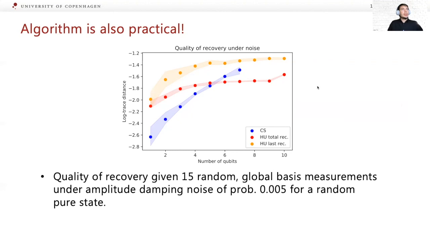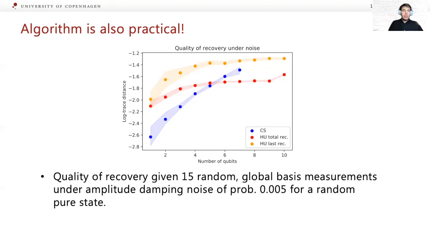This is essentially because when you implement the algorithm, you observe that you can actually recycle information quite often. That is, once you updated the guess, you can then compute the measurement statistics for this new guess and compare it to the actual state.